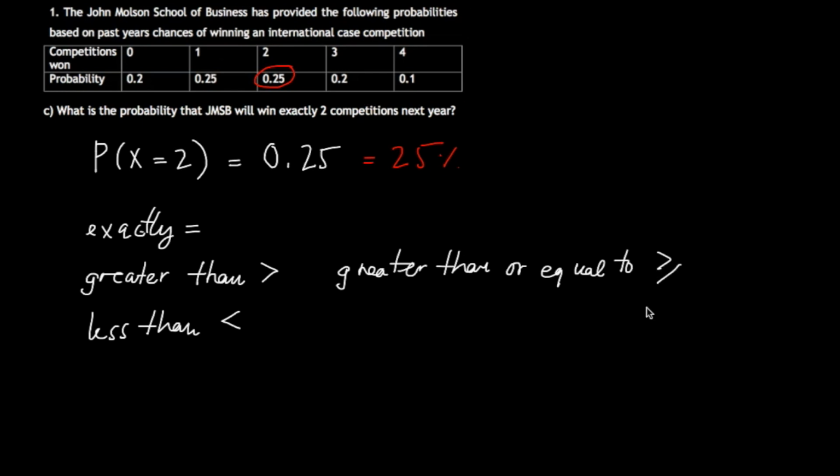The difference here being, I'll spot it out for you guys. So the difference here being the additional equality, don't forget it. Now we could also have less than or equal to.